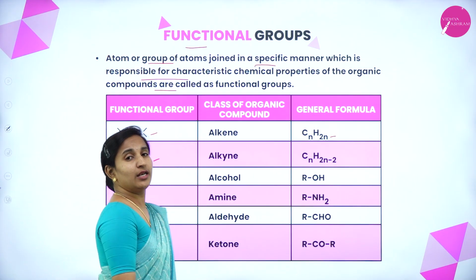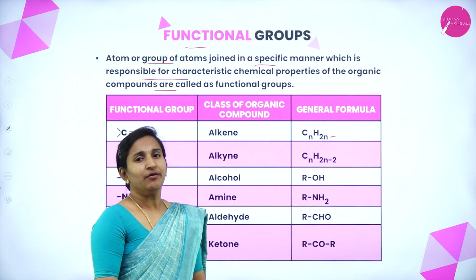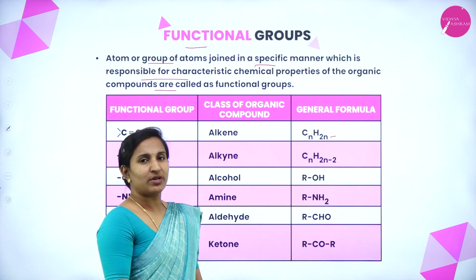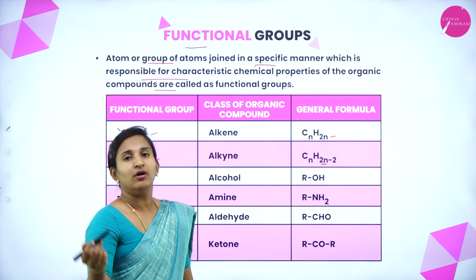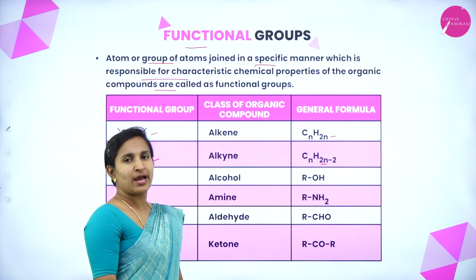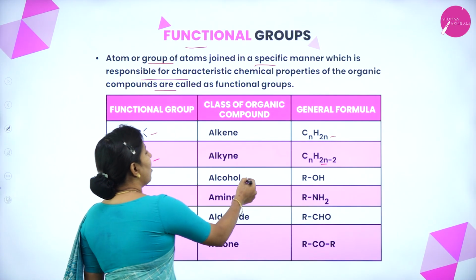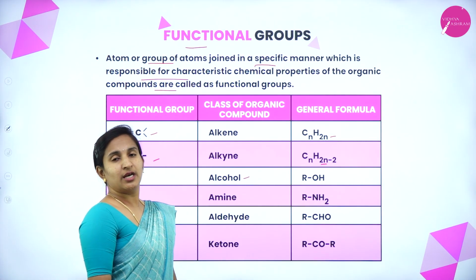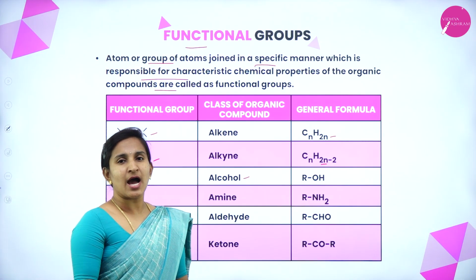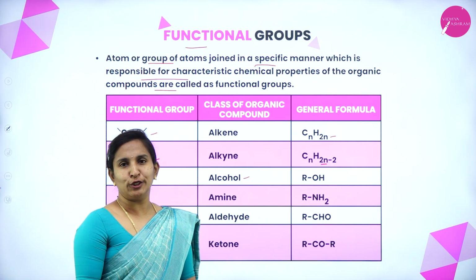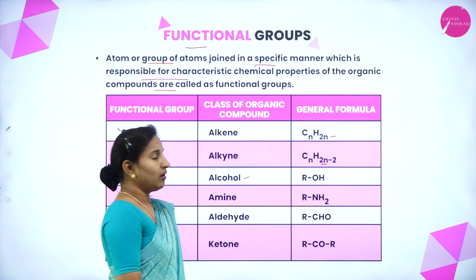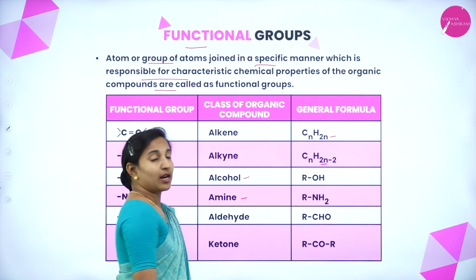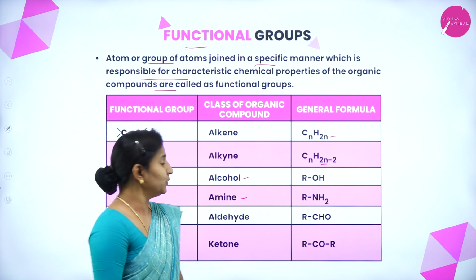If carbon contains a carbon-carbon triple bond, we call it an alkyne, represented as CnH2n-2. If an OH group is present in an organic compound, we call it an alcohol, represented by ROH. Here R may be an alkyl group or an aryl group. If NH2, we call it an amine, represented as RNH2.